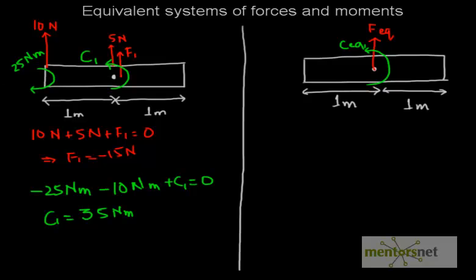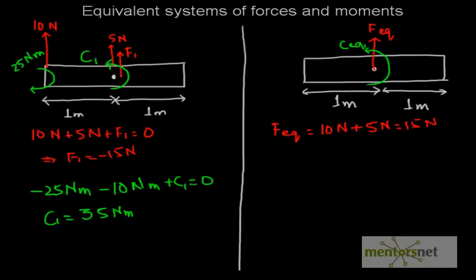Now let's solve this question in a different way. Let us calculate what the equivalent system of this 10 Newton force, the 5 Newton force, and the 25 Newton meter couple is at this point. So what is F equivalent? F equivalent is 10 newtons plus 5 newtons, which is equal to 15 newtons.